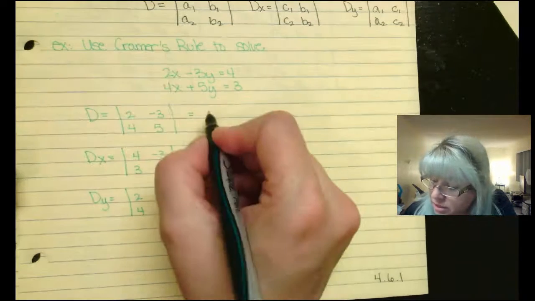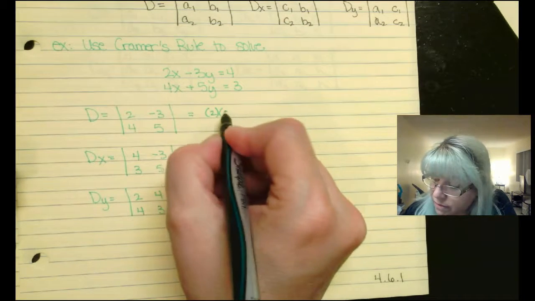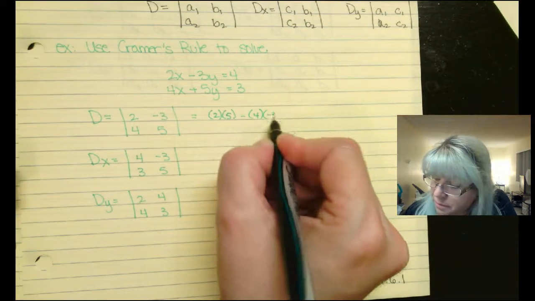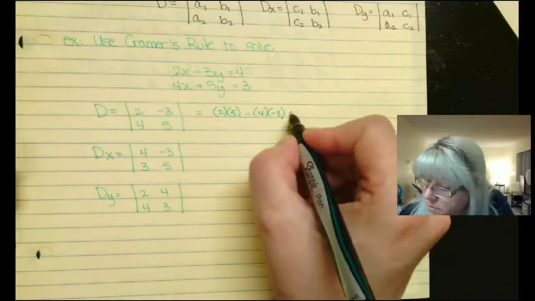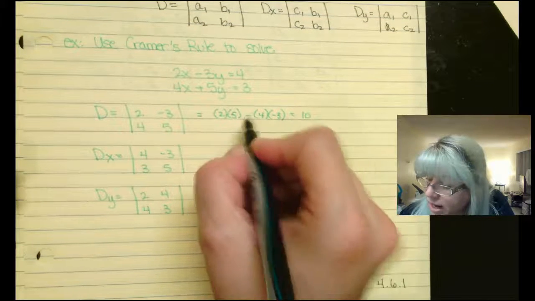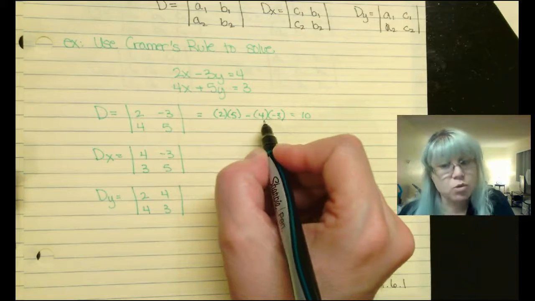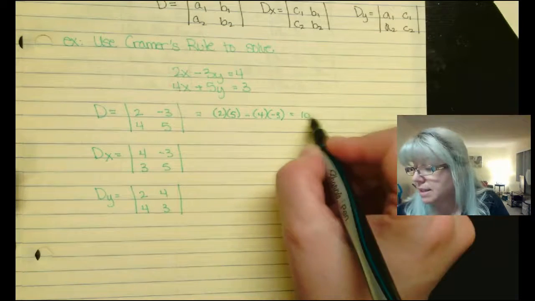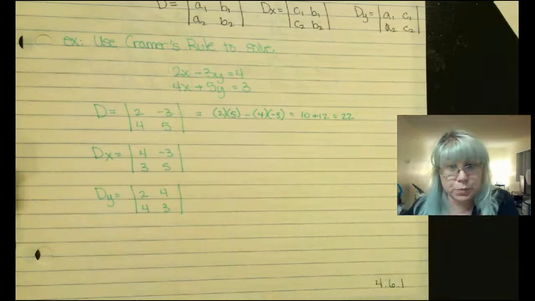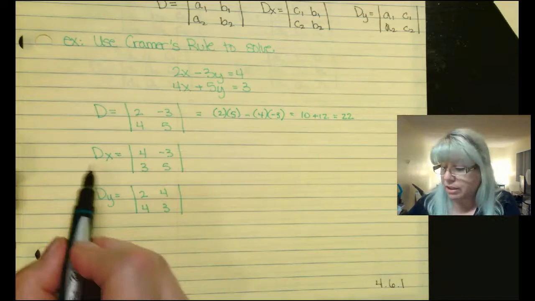Our determinant is 2 times 5 minus 4 times negative 3. 2 times 5 is 10. 4 times negative 3 is negative 12, but subtracting negative 12 means plus 12, therefore 22.